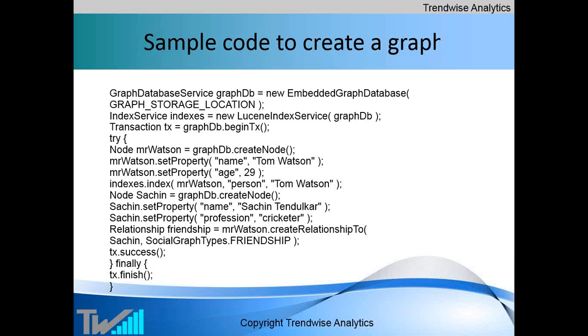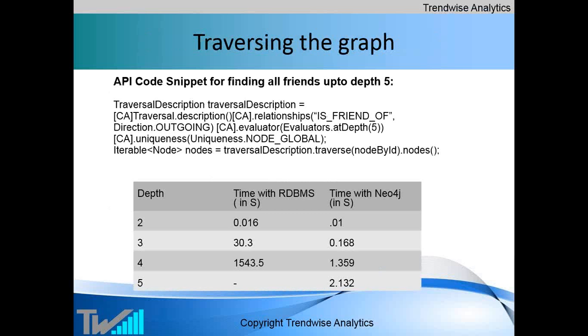Now, how do we traverse the graph? I think that's the best part of a graph database. Let's say you want to get all the friends of a particular person up to level 5. In a traditional RDBMS, it would have been extremely difficult.